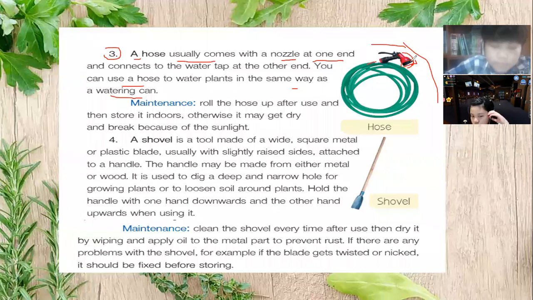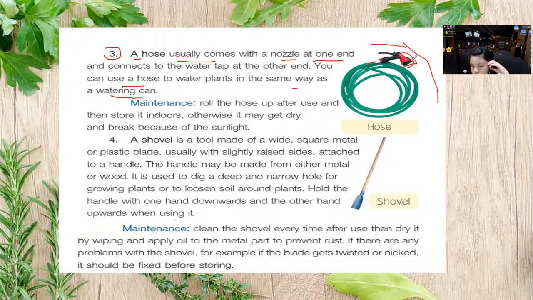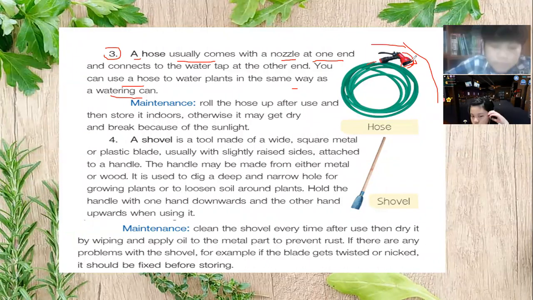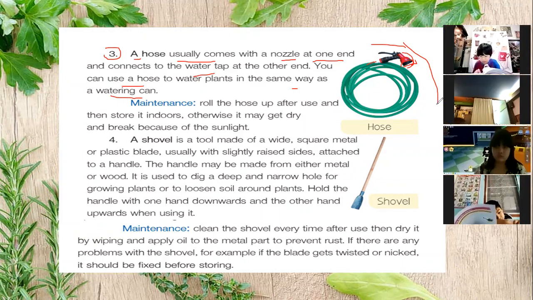A hose usually comes with a nozzle at one end and is connected to the water tap at the other end. You can use a hose to water plants in the same way as a watering can. We use the hose exactly the same way we use the watering can.